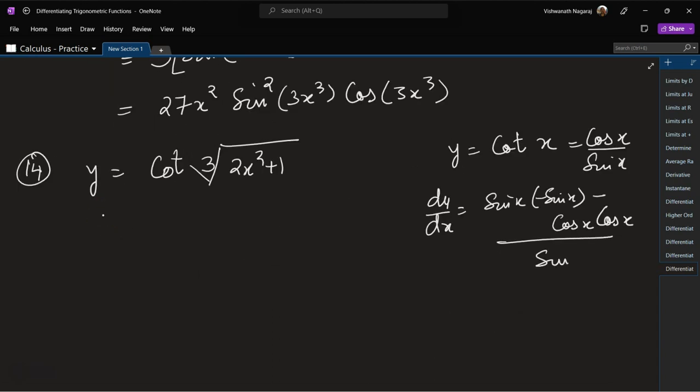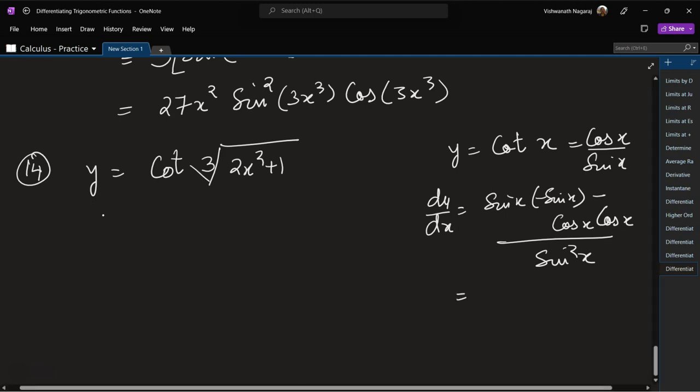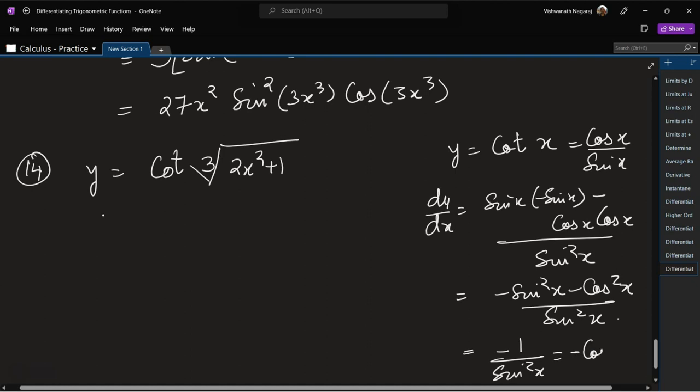Divided by sine square x, which gives us minus sine square x minus cos square x by sine square x, which gives us minus, if we take it out, we are left with sine square x plus cos square x, which is 1 by sine square x, which gives us minus cosec square x. So the derivative of cot x is minus cosec square x.